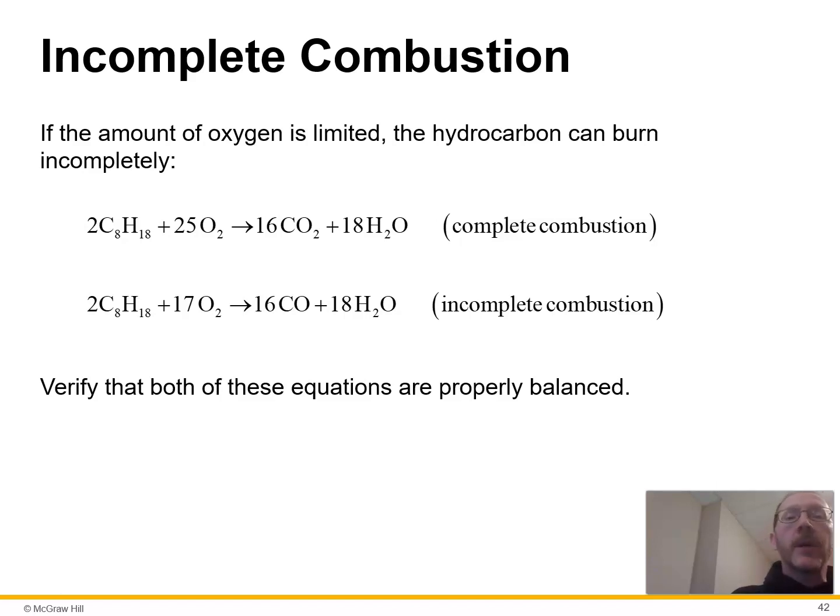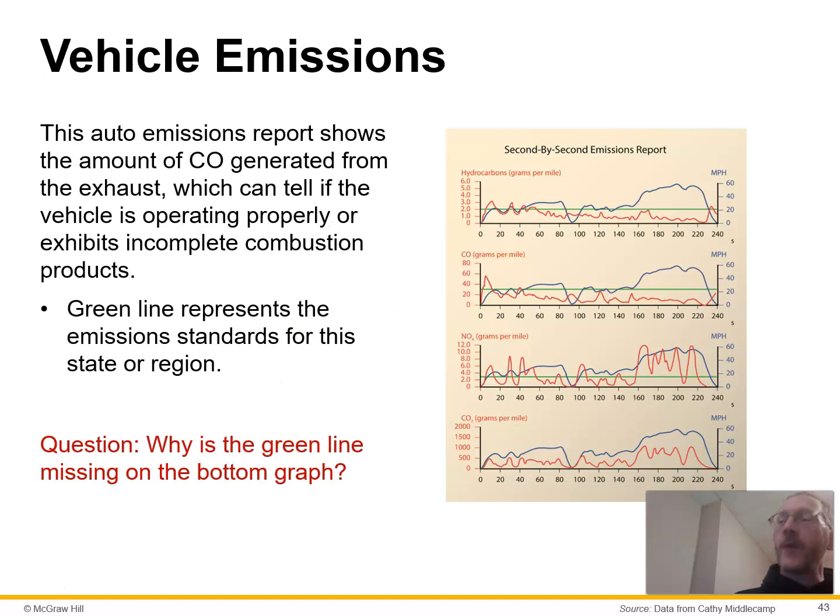But if it doesn't burn completely, then some of it becomes carbon monoxide. And if you don't have your catalytic converter working properly, then some of that carbon monoxide is in the exhaust. And even if it does work properly, there's still some, which is why if you turn on your car and you close the garage door and you stay in there, you're going to die from CO2, but also CO poisoning.